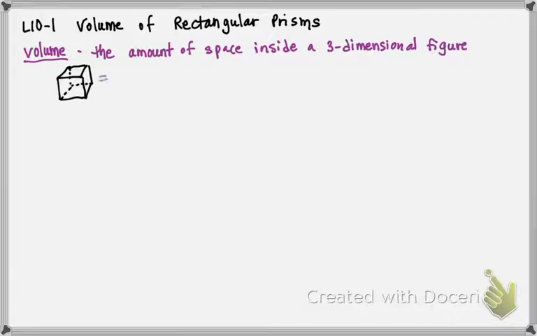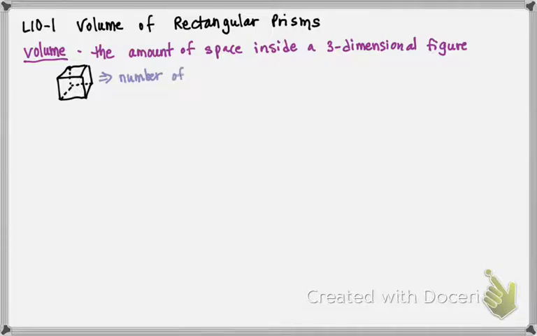And so when we're talking about volume, another way to say it is, again, the number of three-dimensional, perfectly symmetrical little pieces. They are called cubes.